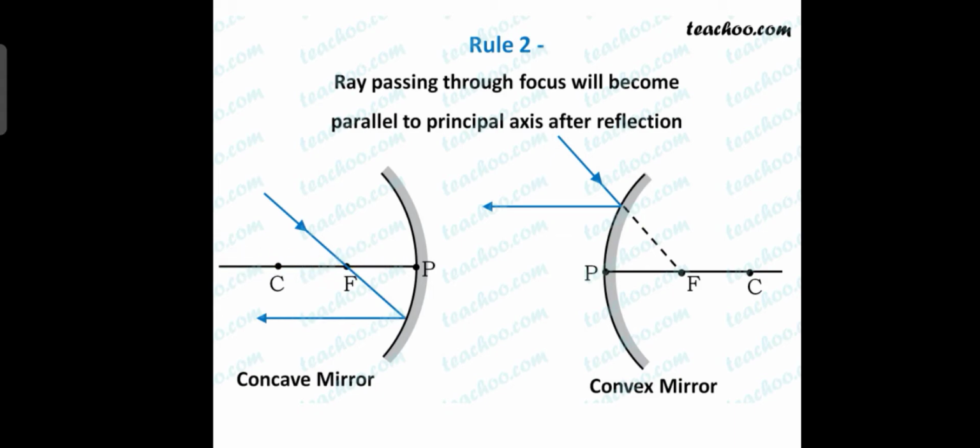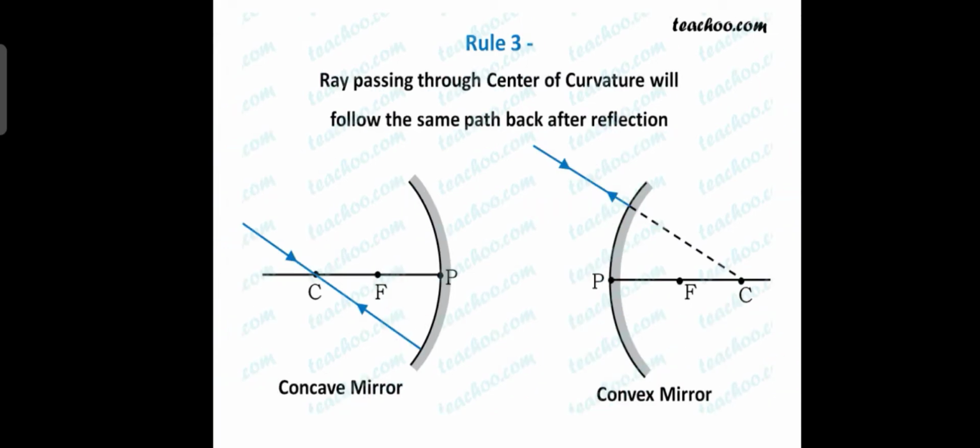Similarly, here the ray will move through the principal focus, so that the reflected ray will be parallel to the principal axis. This is the second rule.